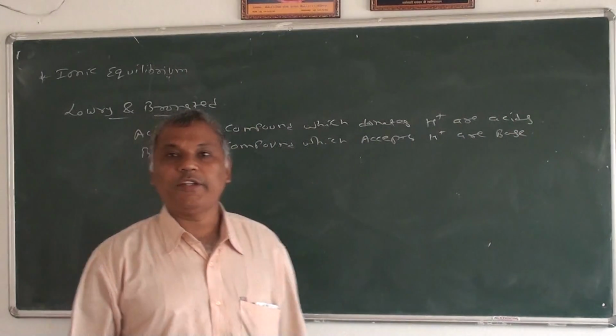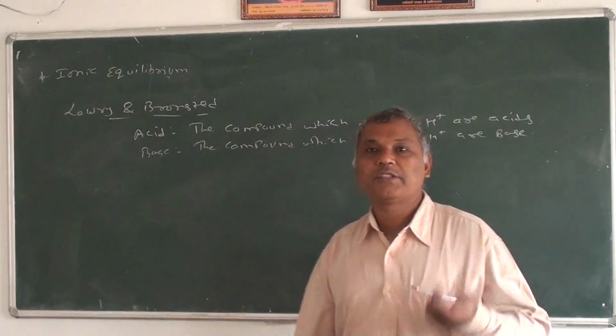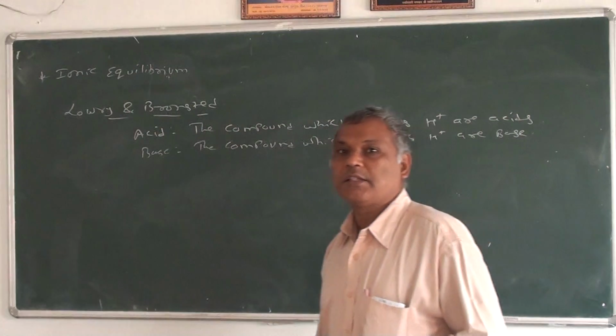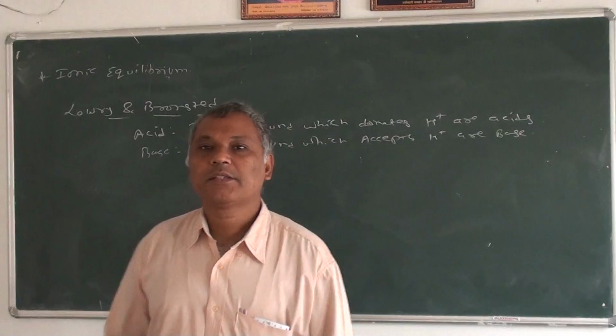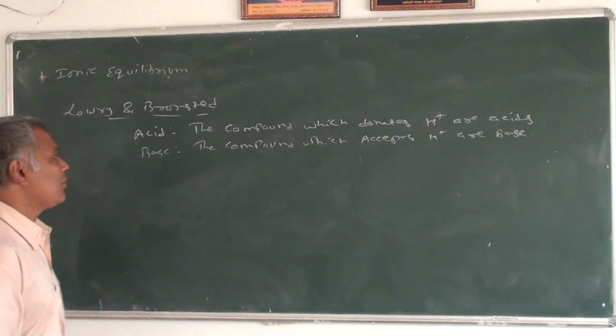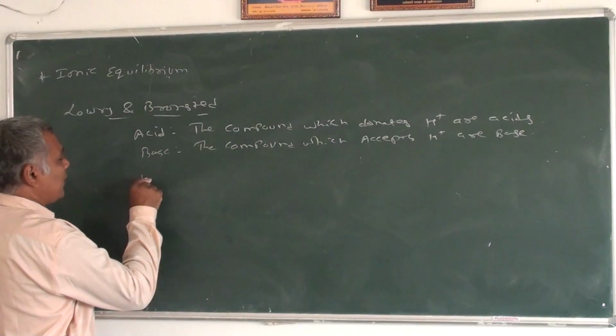So they changed the definitions. They told that those compounds which donate H plus are acids, and compounds which gain H plus are bases. For that, they gave out reactions also, which are known as Lowry-Bronsted reactions.